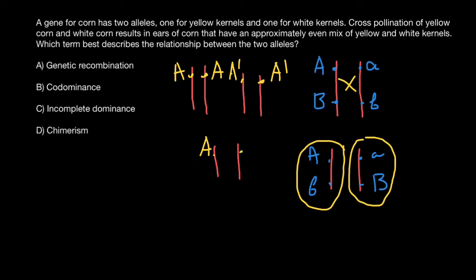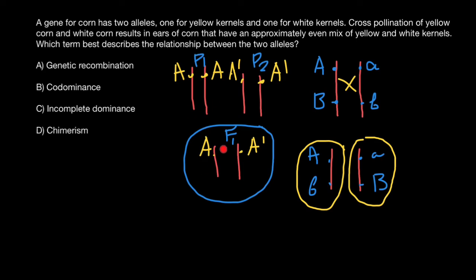So we put A prime here, and this is going to be a diploid organism genotype. Actually, we don't have recombination here, but rather a combination of parental genotypes. So this is the parent 1 and parent 2 genotypes, and now we have the F1 genotype, which is a combination of the parent 1 genotype and the parent 2 genotype.